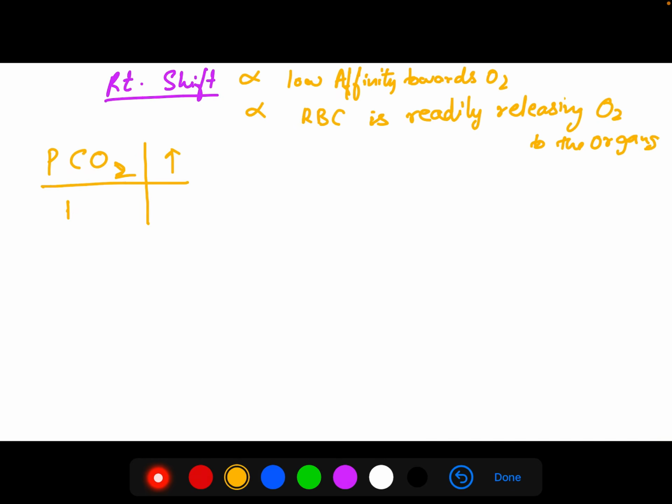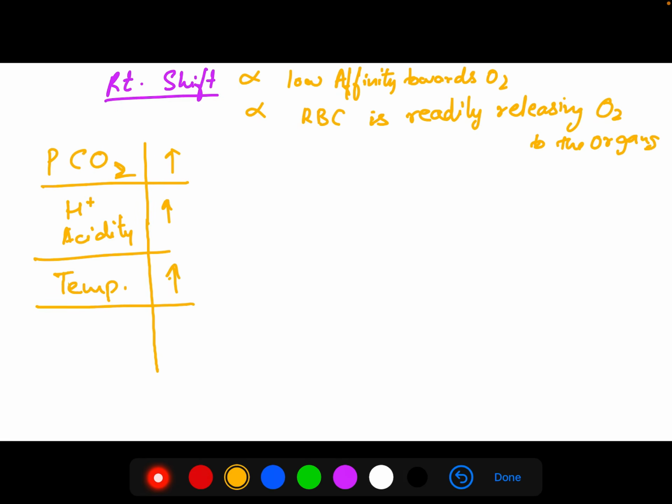Another one will be H plus, an increase in H plus ions, or you can call it acidity. Whenever it increases, the curve will shift. Similarly, temperature: an increase in temperature will weaken the bonds between the iron, hemoglobin and oxygen, which will decrease the affinity.